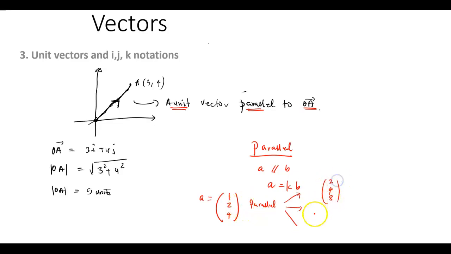I can multiply by -3, then I have -3, -6, -12. I can multiply by a half, so that I have another vector, which is a half, 1, and then 2. All these vectors are parallel to A.